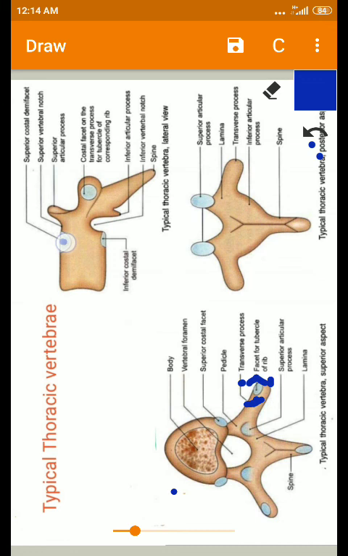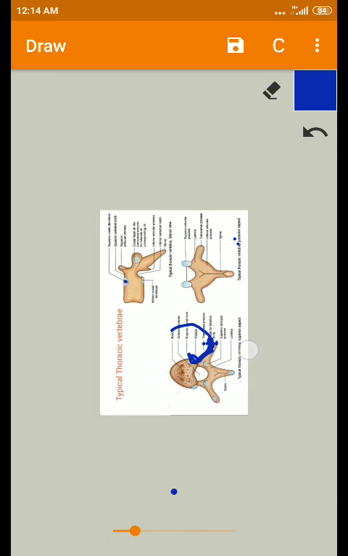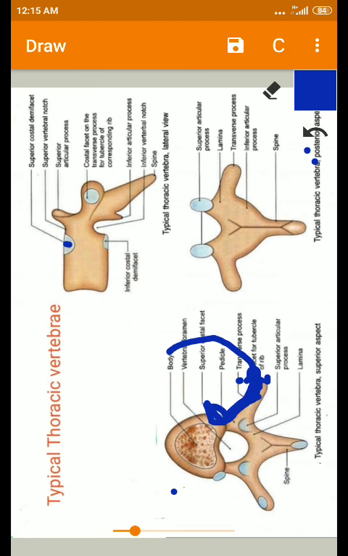So the tubercle is going to articulate here, and then the rib will move anteriorly like this. When we deal with the rib, you can understand the parts of that rib and where it is going to articulate.